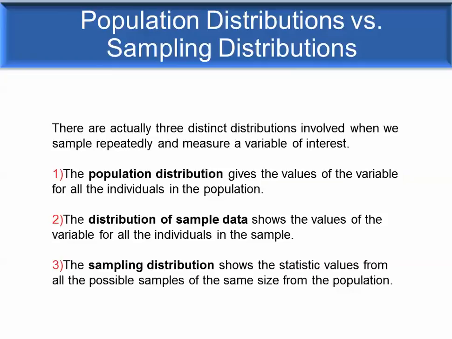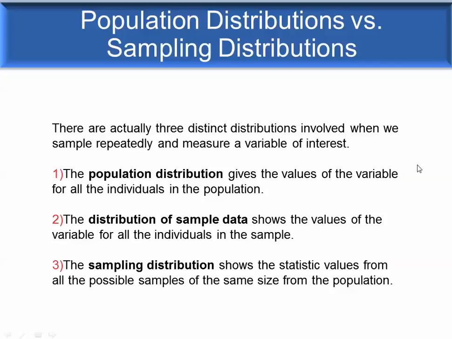So, to show this again graphically and to talk about the three distinct distributions involved when we sample repeatedly, the population distribution is about the values of all the individuals in the population. The distribution of the sample data shows the values of the variables for all of the individuals in the sample, versus the sampling distribution, which shows the distribution of the statistic value.